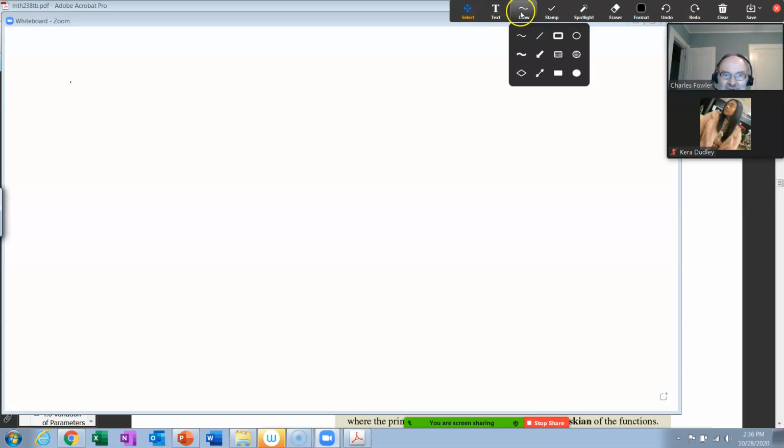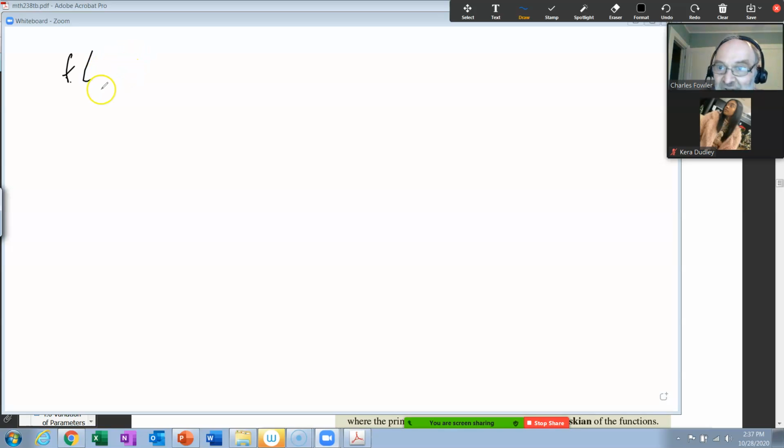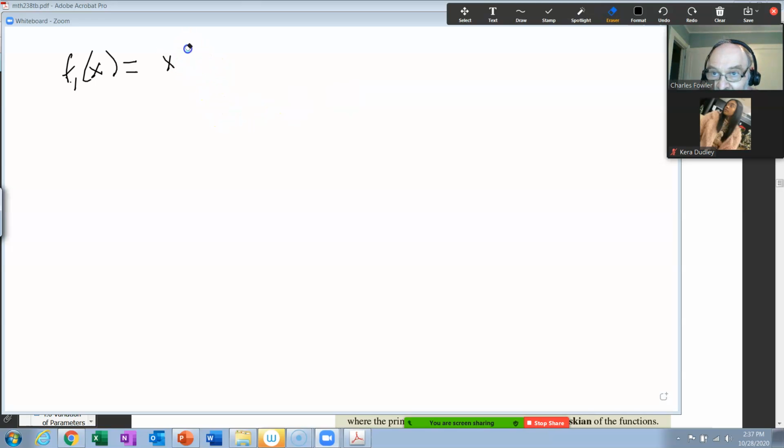f1 of x is equal to the square root of x plus 5. Square root of x is one entity there. f2 of x is equal to the square root of x plus 5x.